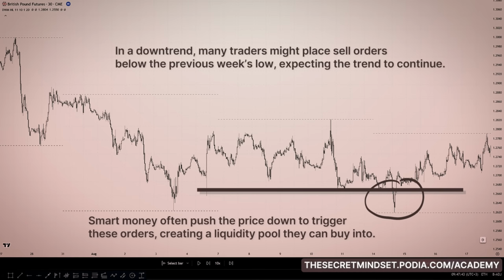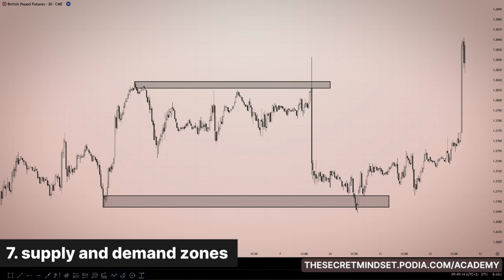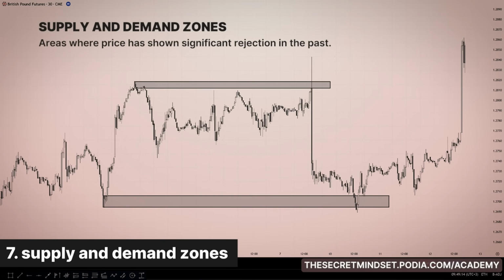Supply and demand zones are other liquidity zones. These are areas where price has shown significant rejection in the past, and these zones are prime targets for smart money manipulation. Smart money know many traders place their orders around them.